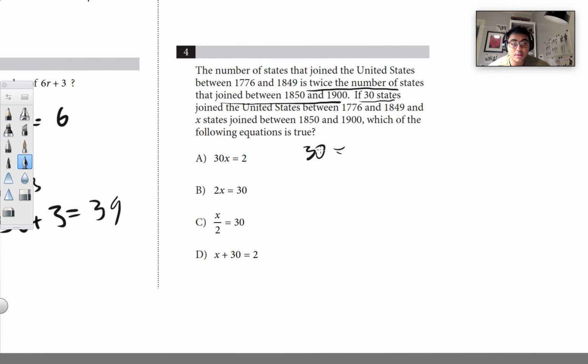And we know that 30 is twice that number, so it's 2x. And we know that they use the variable x to describe the number of states there. So 30 equals 2x.